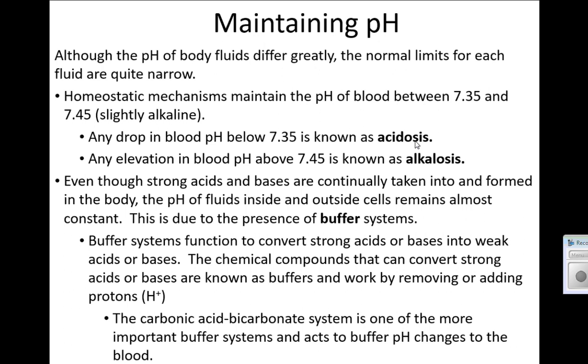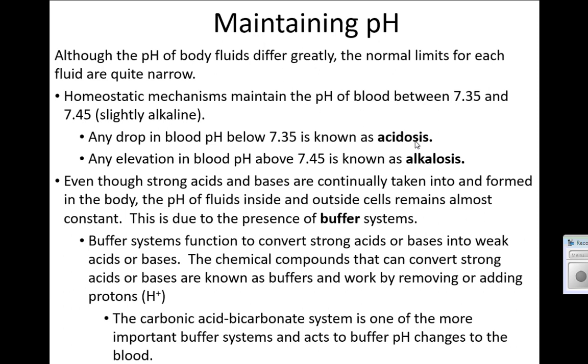One that we'll talk about later in the semester is the carbonic acid bicarbonate buffer system, which is especially important for the blood. There are other buffer systems that we'll talk about. We're not going to talk about these till very late in the semester, though. We'll kind of take a pause and not discuss pH too much for quite a while.